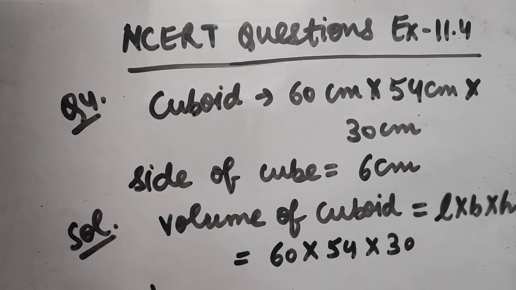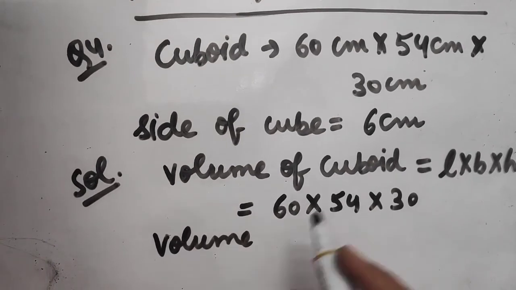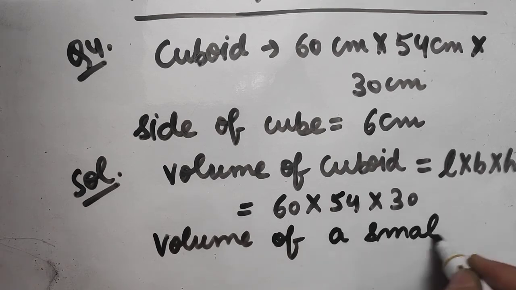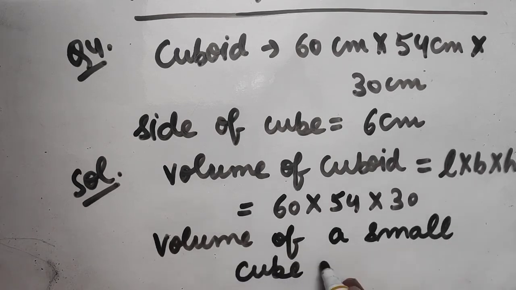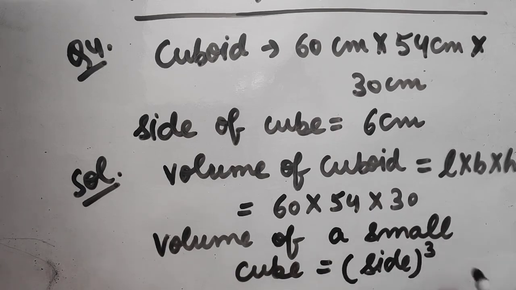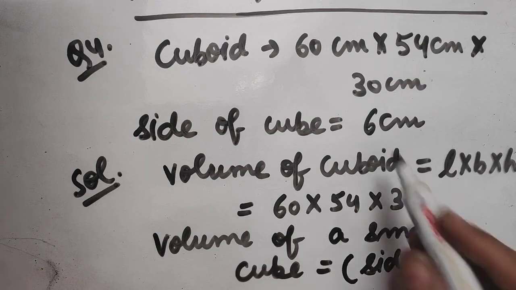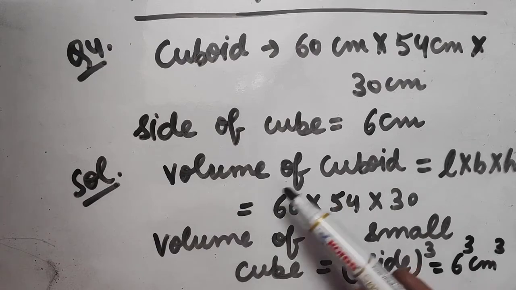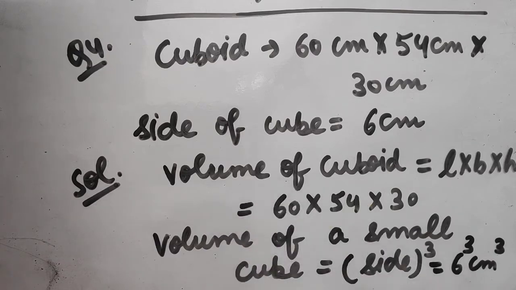Now we are supposed to find the volume of a small cube. So that will be given by side cube. This is the formula we already know. So here it is 6 centimeter cube, so it will be 6 cube, that is centimeter cube. This is what we have calculated: we have written the volume of cuboid and volume of a small cube.